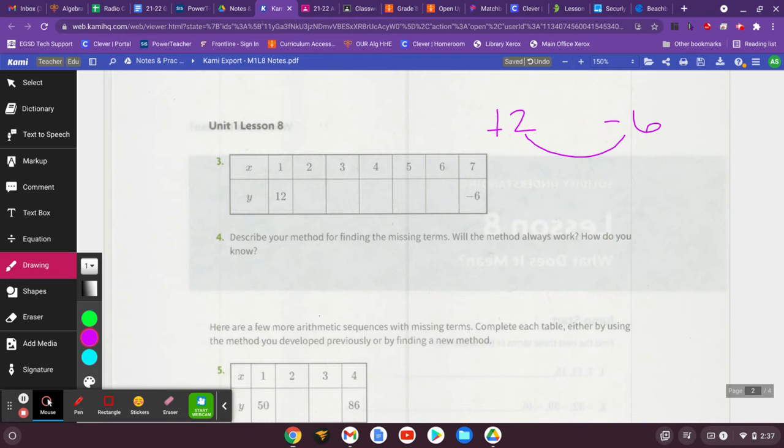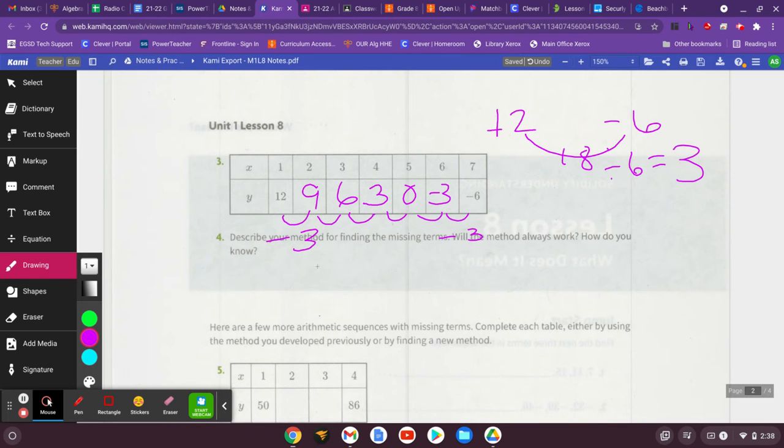I go 12 to 0, 0 to 6, that's a total of 18. I have 1, 2, 3, 4, 5, 6 jumps. That goes in evenly to make 3. I'm going down, so it must be a minus 3. So 12 minus 3 is 9, minus 3 is 6, minus 3 is 3, minus 3 is 0, minus 3 is negative 3. Aha, look at that. It works. We have found a pattern that works.